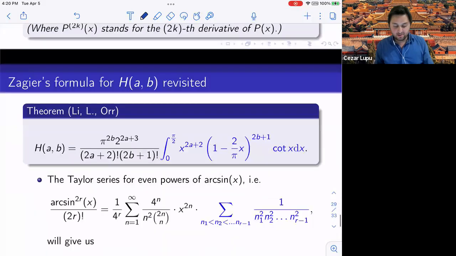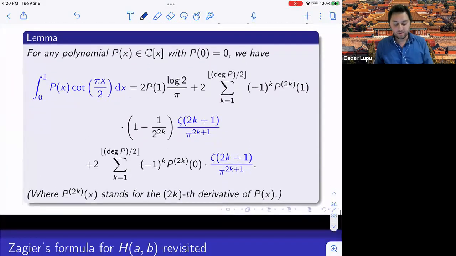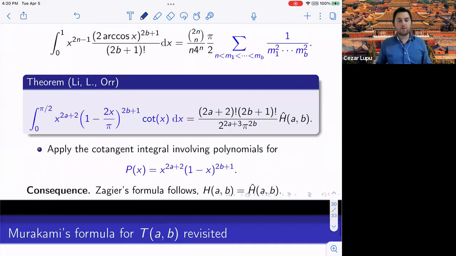So in this cotangent lemma, we take p of x to be equal to x to the power 2a plus 2 times 1 minus x to the power 2b plus 1. And Zagier's formula will follow immediately as a consequence. So it's a very direct, very elementary proof.